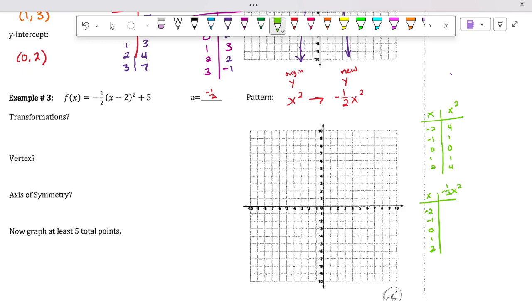So 4 times a half is what? 2 times a negative? -2. Well, I'm just taking these values and then applying that, because the x values are going to be the same. Because if I plug in -2 to x, -2 squared is 4. 4 times -1/2 is -2. All right, so 1 times -1/2 is -1/2. 0 is still 0. So this will be -1/2 and -2.